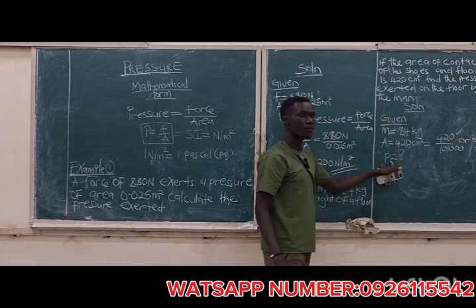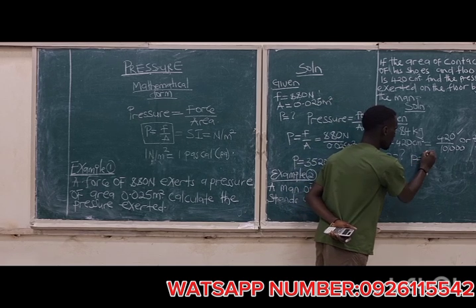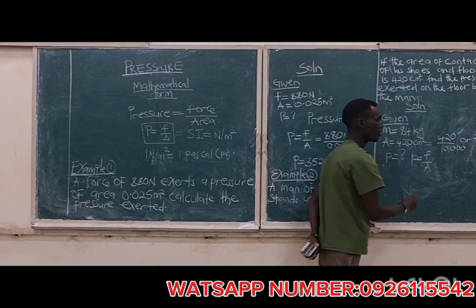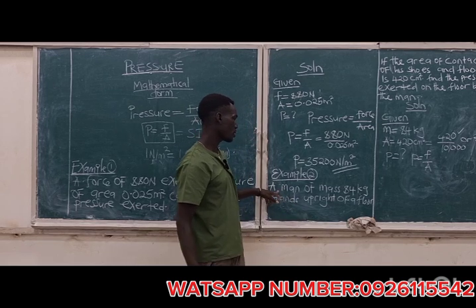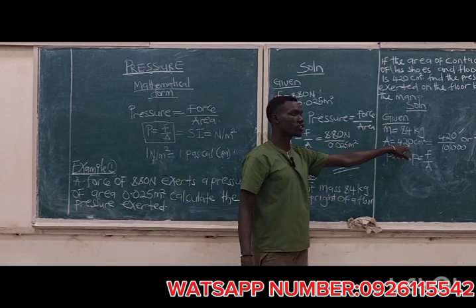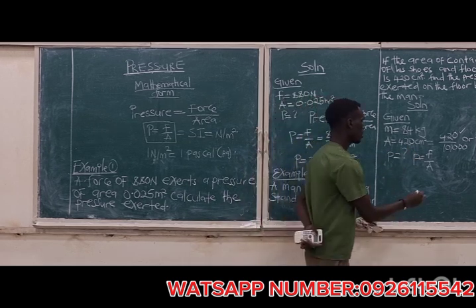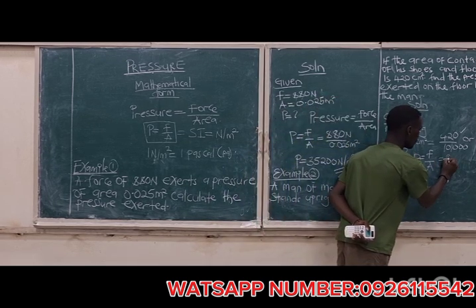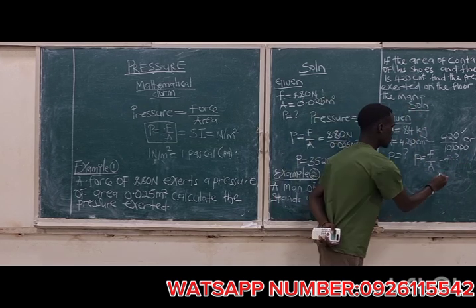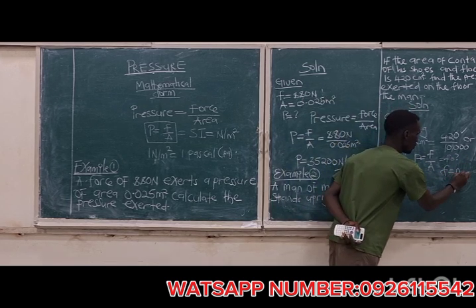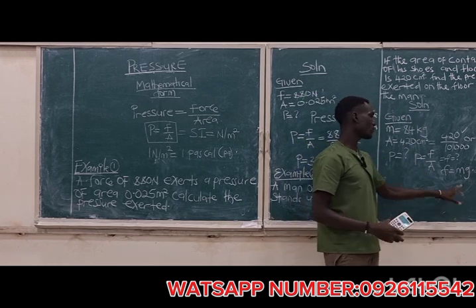Now let's continue. We say pressure is equal to force all over area. P equals F all over A. But when we look at our example here, we don't have the force. We're only given the mass and the area. Force is not given. According to the formula of force, F is equal to mg, that is mass times gravity.